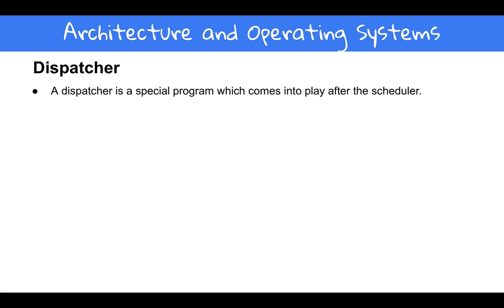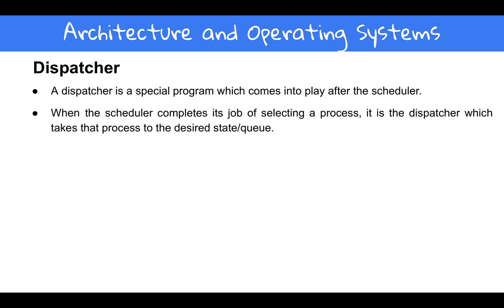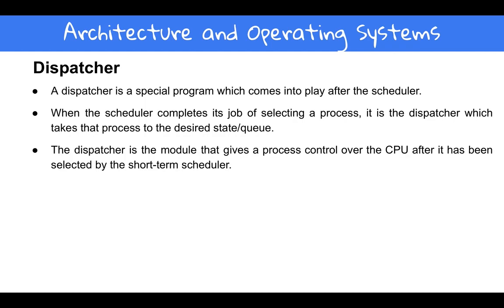Who does the rest? That's the dispatcher's job. After selecting the process, it takes it from the ready state to the running state. So after the scheduler, the dispatcher comes and does the job.